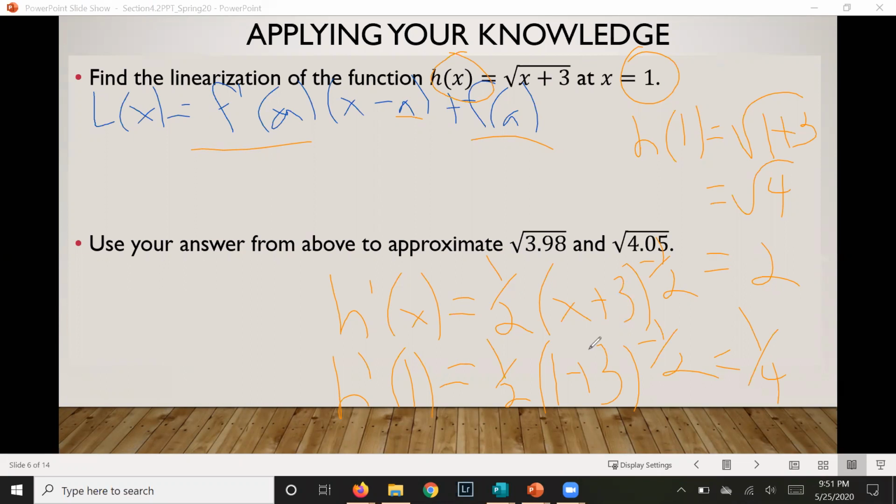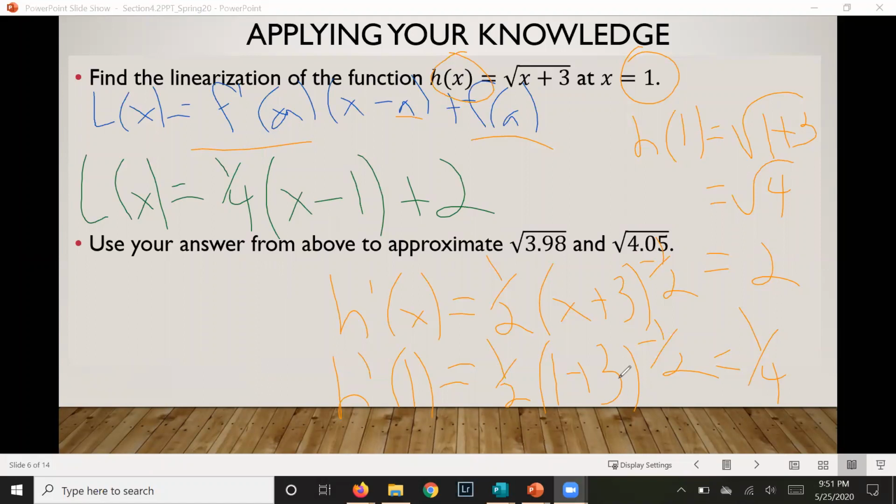Okay, so now we plug in all of this information. So our L of x will be equal to f prime of a, which was 1/4, times x minus the value for a, which was 1, plus f of a, which is 2. And then you can simplify that a bit, because 1/4 can be distributed in here, and then we can combine some like terms.